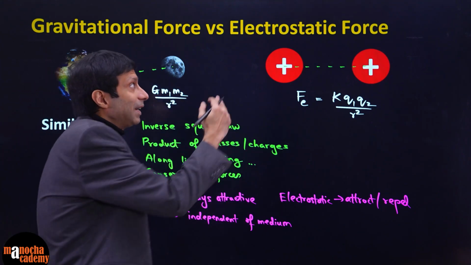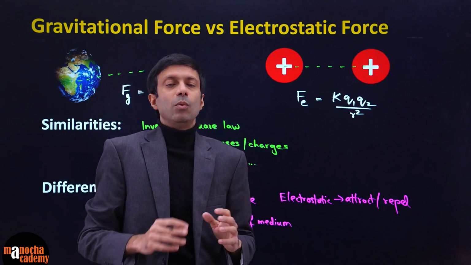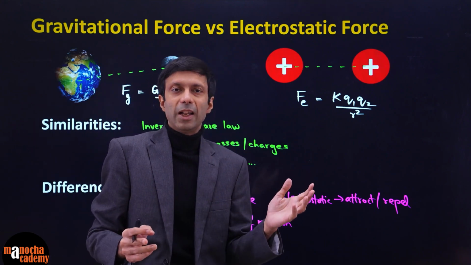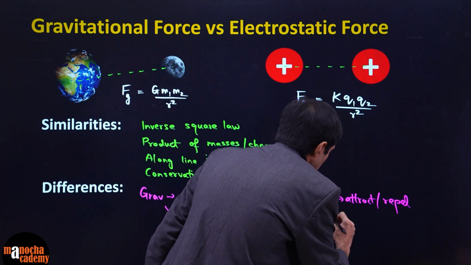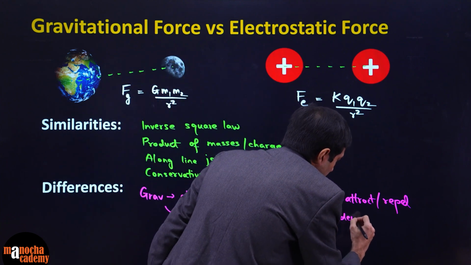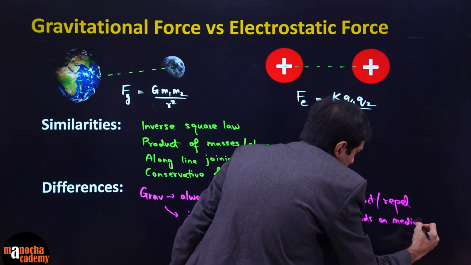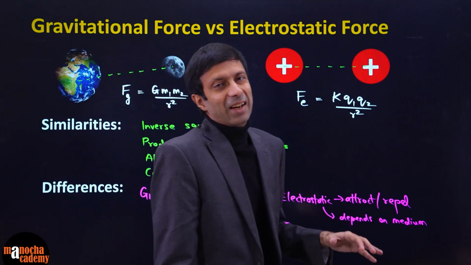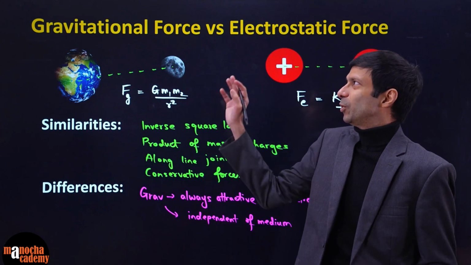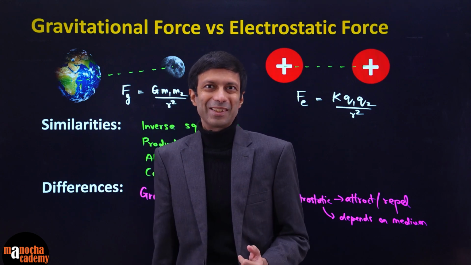It depends on the material, the medium between the two charges, whether it's vacuum, liquid, oil, water, or glass. So electrostatic force depends on the material or medium between the charges. Clear? So here we have summarized the important similarities and differences between gravitational force and electrostatic force.